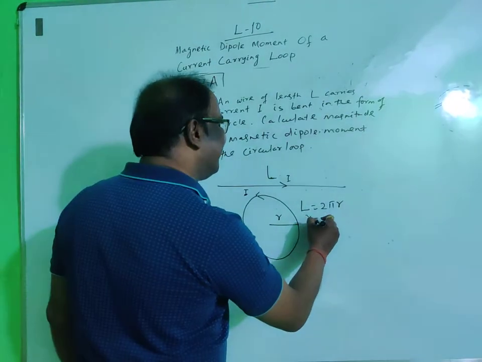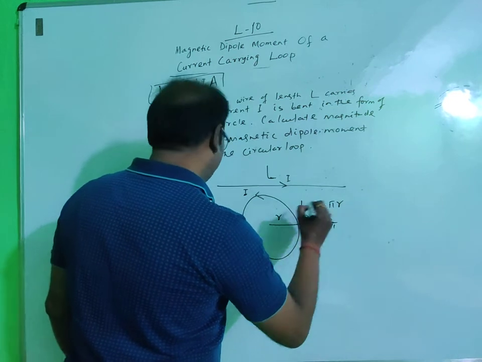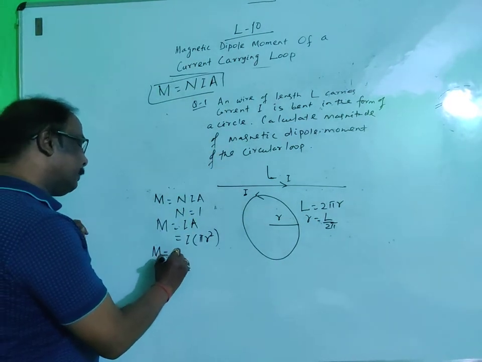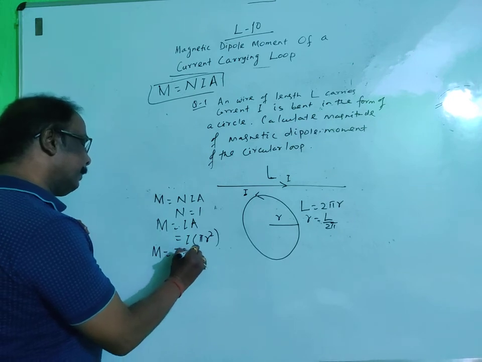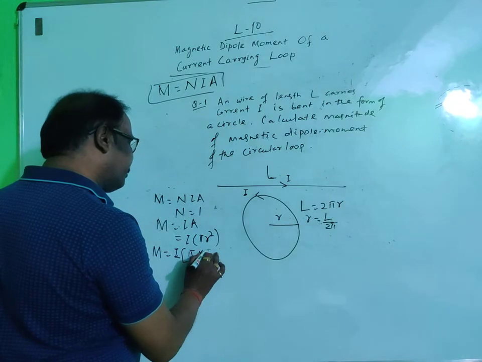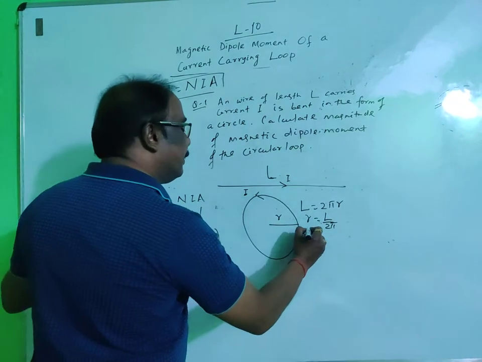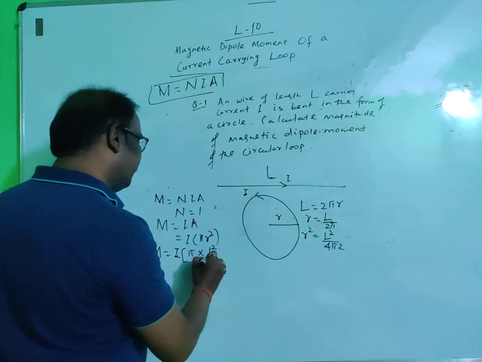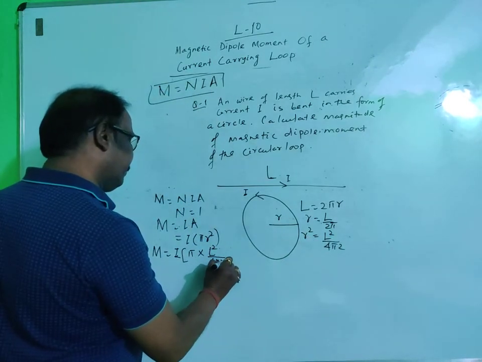Then r is equal to L by 2 pi. Then magnetic dipole moment magnitude is I into pi r square. In place of r square I can write r square is equal to L square divided by 4 pi square.